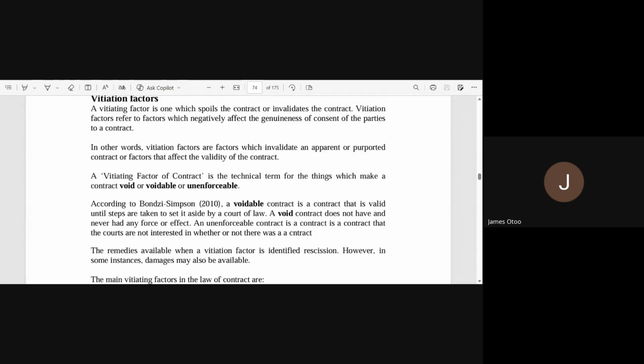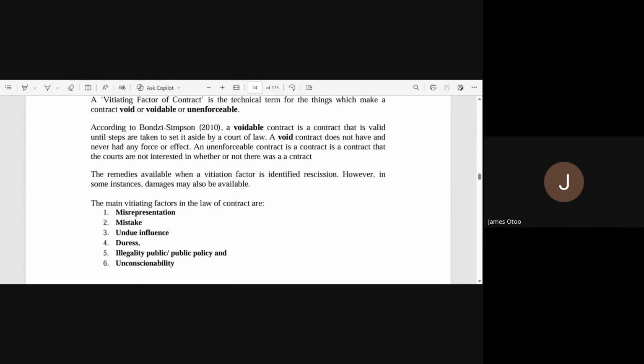The court is not interested in whether there was a contract or not. The contract itself cannot be enforced because of the surrounding circumstances, maybe because it is against public policy.